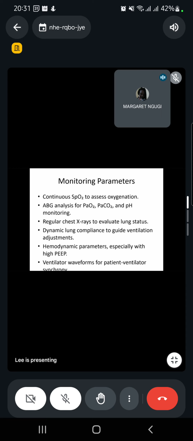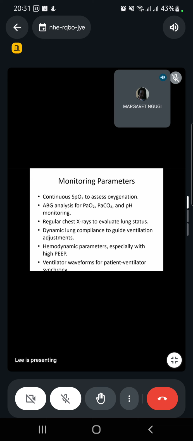So in summary, when you're managing a patient with ARDS, you're guided by your SpO2 and your ABGs, your partial pressure of oxygen and partial pressure of CO2. You have to do a chest X-ray to rule out consolidation. The goal of management, in how you're going to resolve ARDS, is managing the cause of ARDS and maintaining hemodynamic stability.